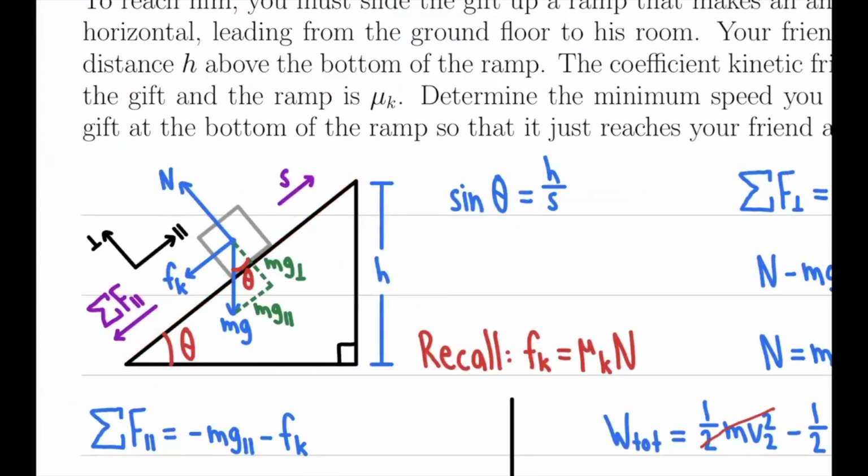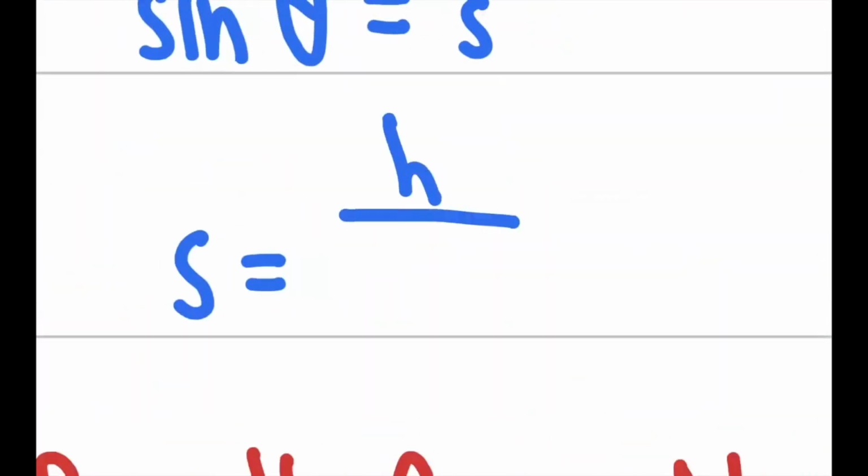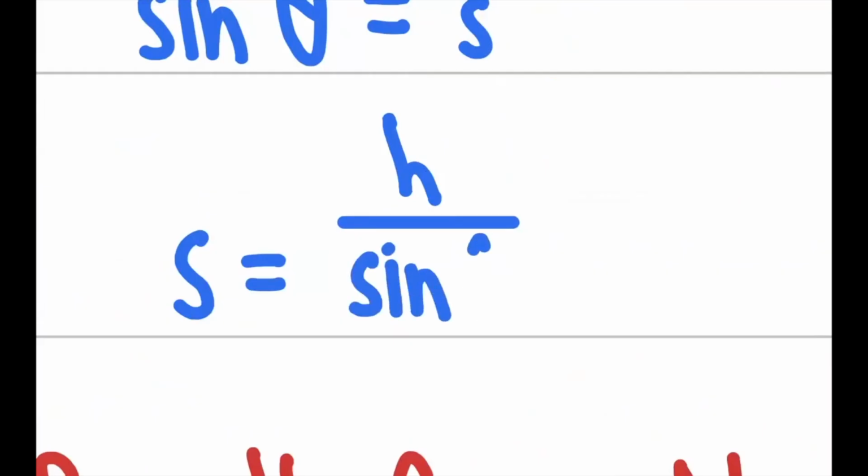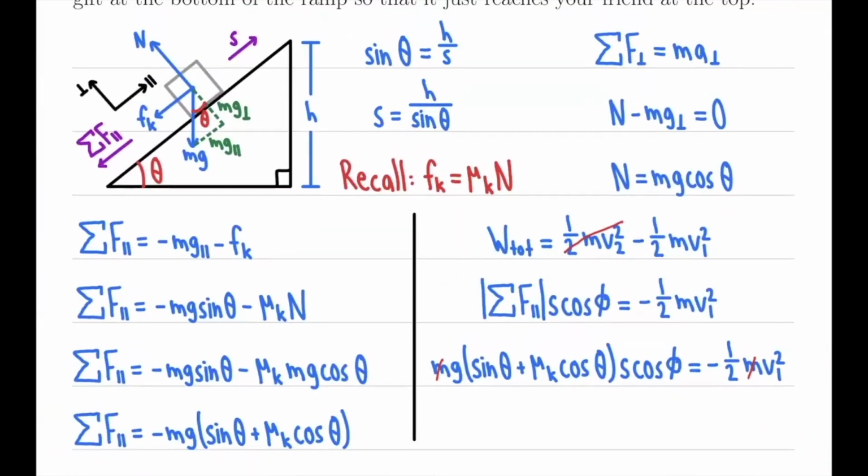You can multiply both sides by s, divide by sine theta, and you'll get s equals h over sine theta. You could write that as h cosecant theta, but I'm gonna keep everything sine, cosine, and tangent because of the calculator. It's a physics class, not a math class.